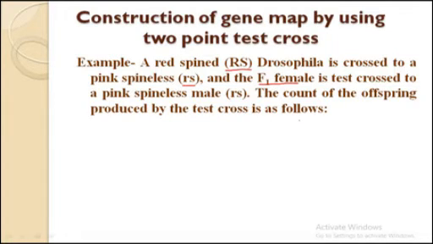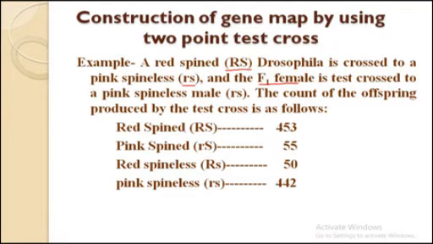We get four types of offsprings here: red spined, pink spined, red spineless and pink spineless. Red spined have number 453, pink spined 55, red spineless 50 and pink spineless 442.